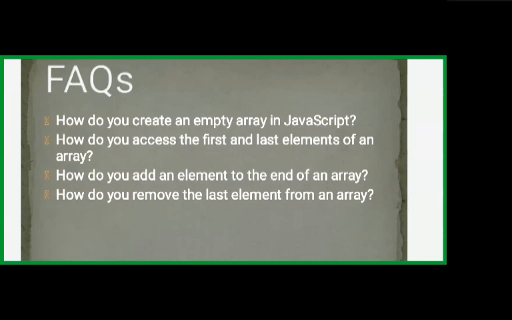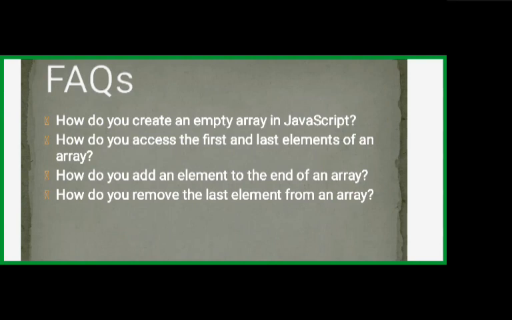Now, adding an element to the end of an array and removing the last element from an array. For adding an element, you can use the add function, and if you want to add at the last part of an array, you provide the appropriate index in the square brackets while using the add function.